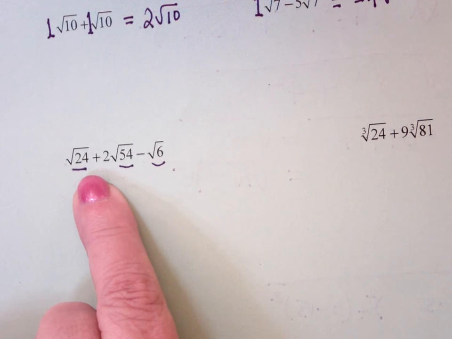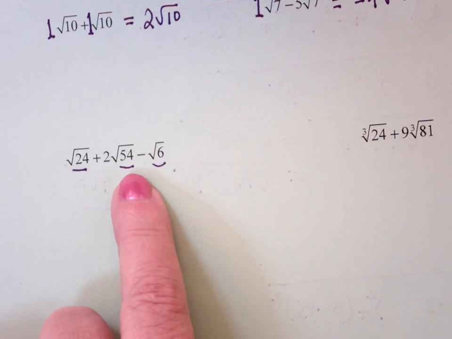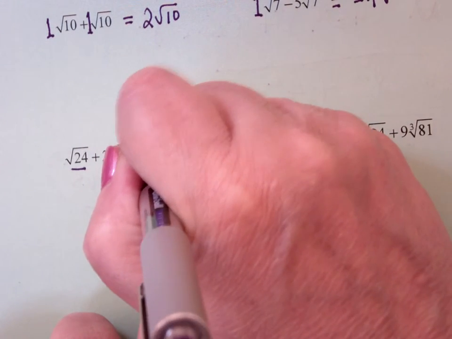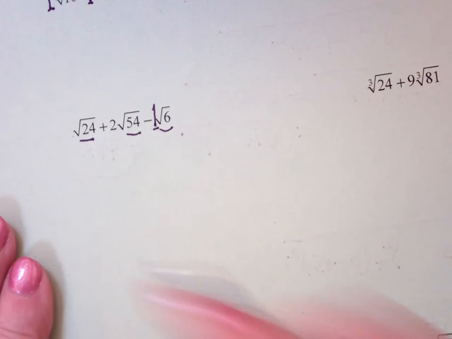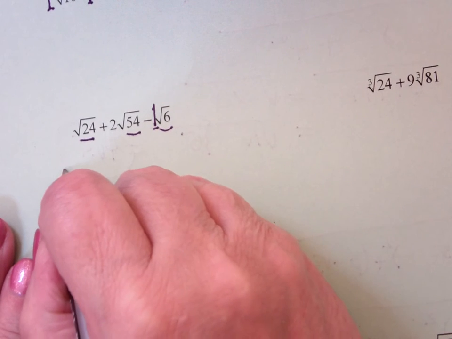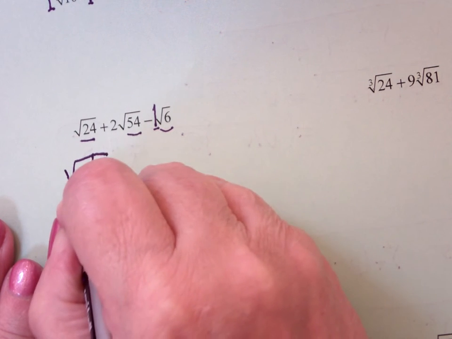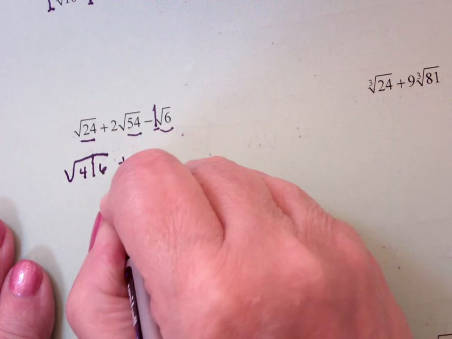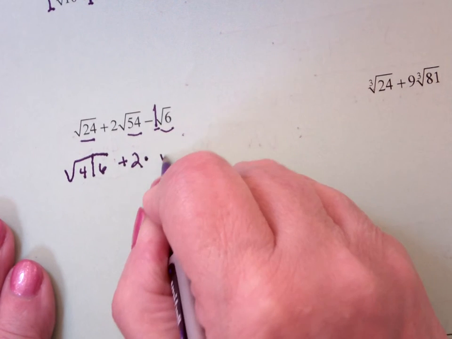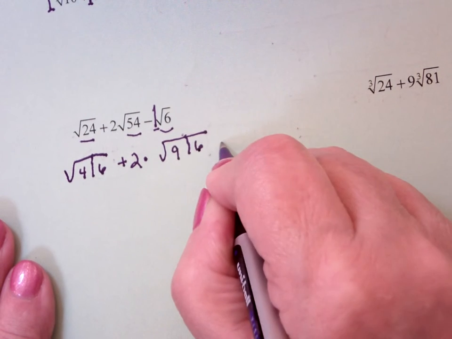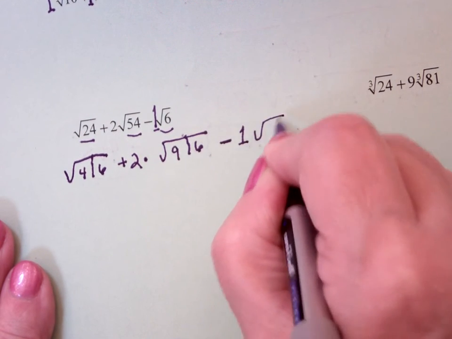So the key is that I can write 24 as 6 times a perfect square, 54 as 6 times a perfect square, and this guy, all by his lonesome, is already simplified. So each one gets broken down. So this becomes the square root of 4 and then the leftover, plus 2 times the square root of 9 and then the leftover, minus 1 square root of 6.